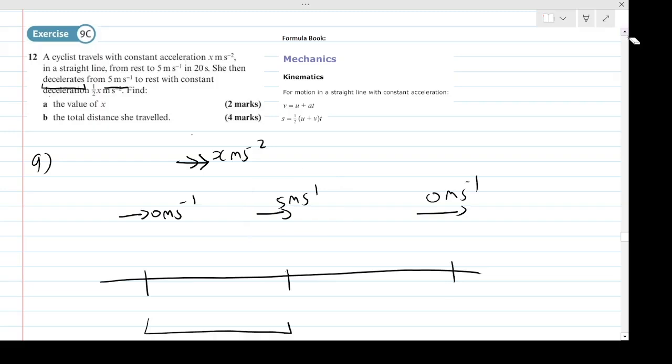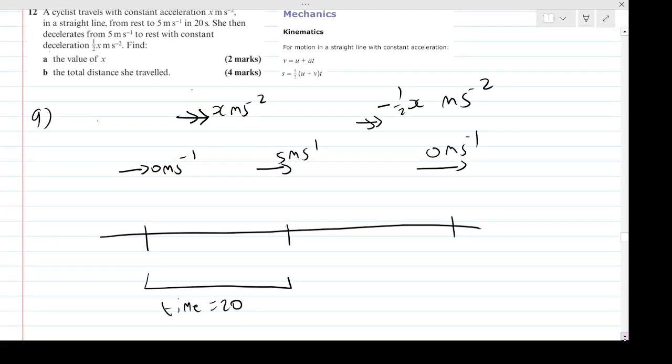And at this part of the journey, it's a deceleration. So if the acceleration is a half of x, because it's decelerating, it has to be negative a half x meters per second. I think that's all the information we're given. So we want to find the value of x.